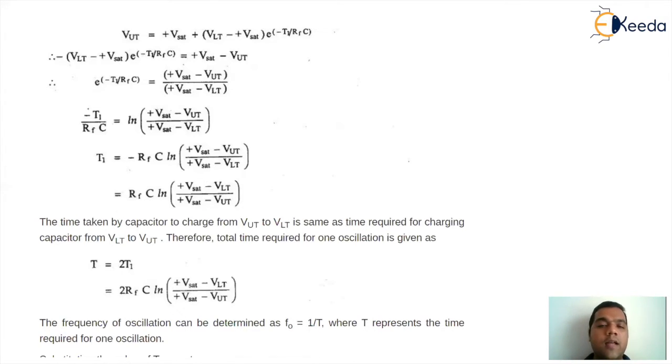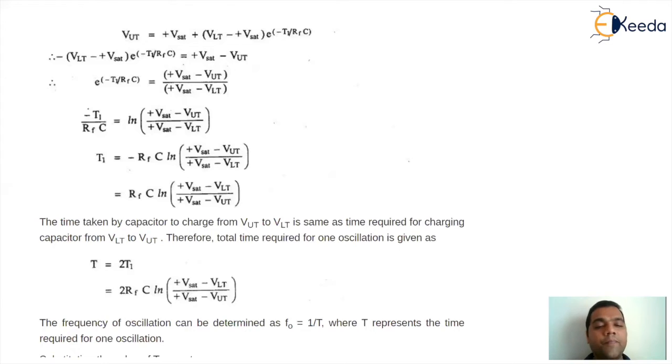So now the total time period of the wave will become twice of T1, because the impact of charging and the impact of discharging is going to be one and the same. This circuitry is going to generate a square wave type oscillation, where the time taken by the capacitor to charge is going to be equal to the time taken by the capacitor to discharge.